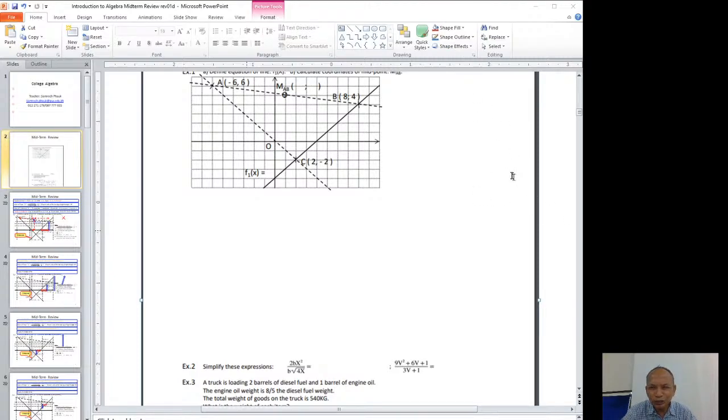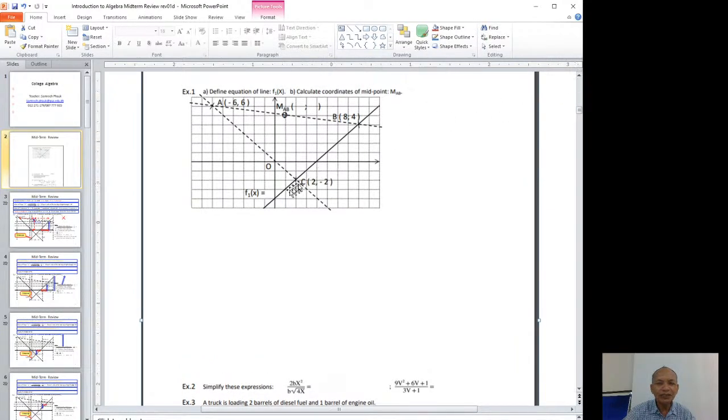You want to know about the equation of the line, the solid black line, for example on this exam paper. It means we have to write again. Okay, I will insert.